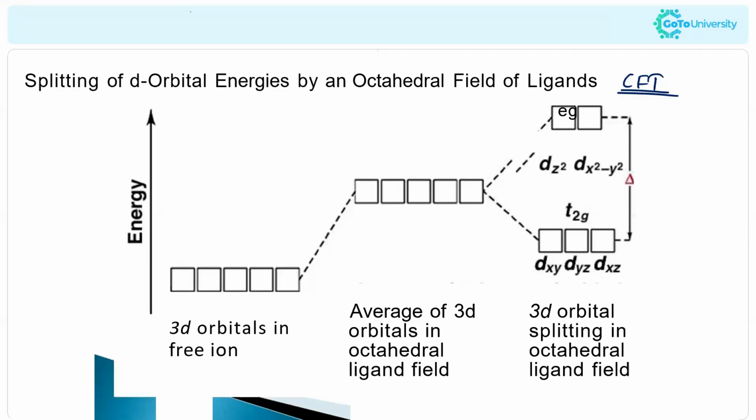According to the crystal field theory, we know that in these coordination compounds, we have the central metal atom, right? This central metal atom is usually a transition element or d block element. In the d block elements, the valence orbitals are normally the 3d orbitals and the 4s orbital. During complex formation, they always produce positively charged ions.